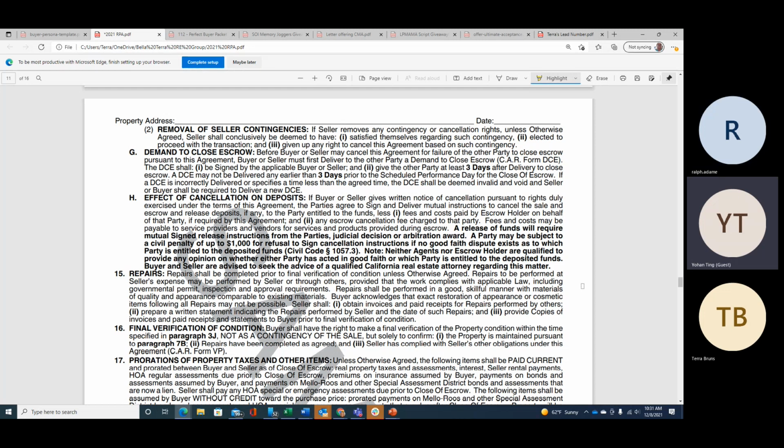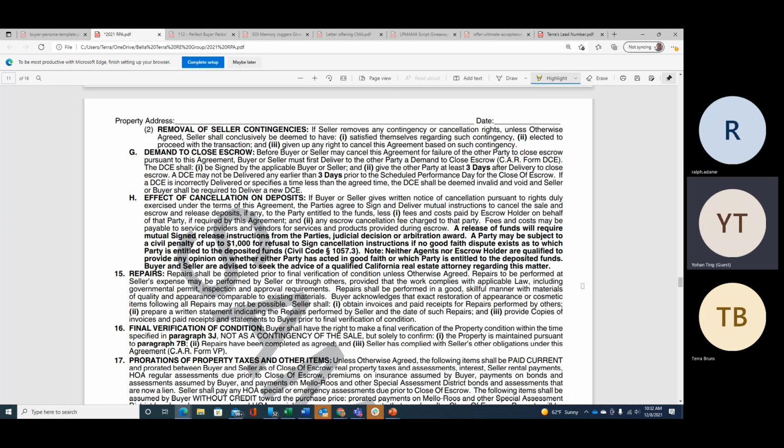Repairs shall be performed in a good, skillful manner with materials of quality and appearance comparable to existing materials. Buyer acknowledges that exact restoration of appearance or cosmetic items following all repairs may not be possible.